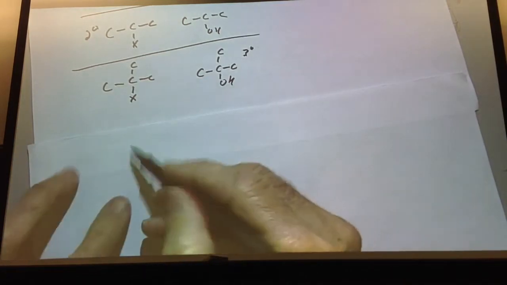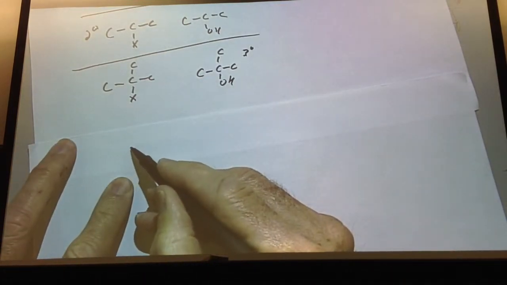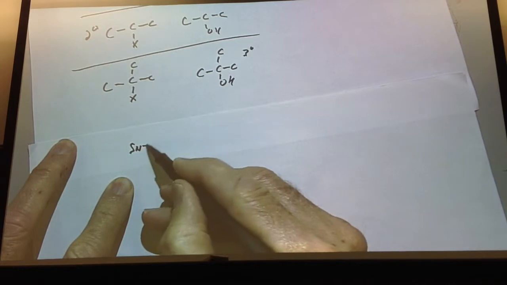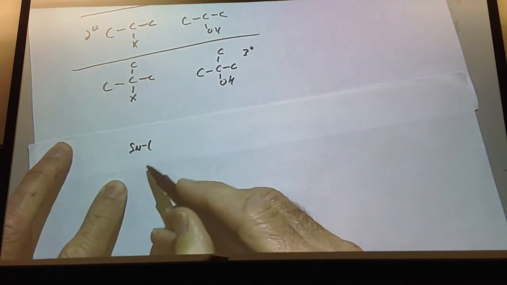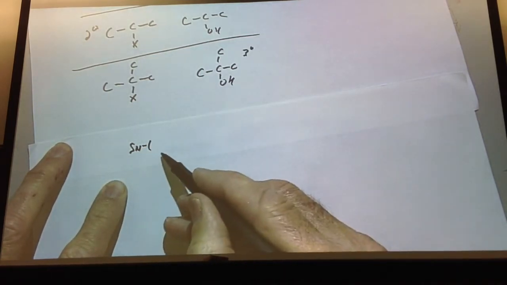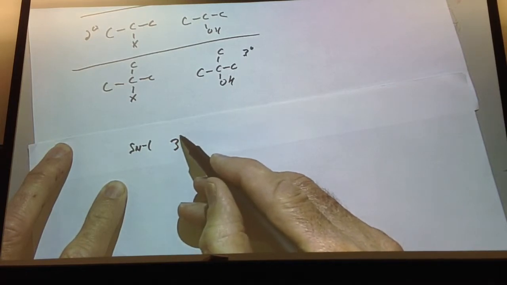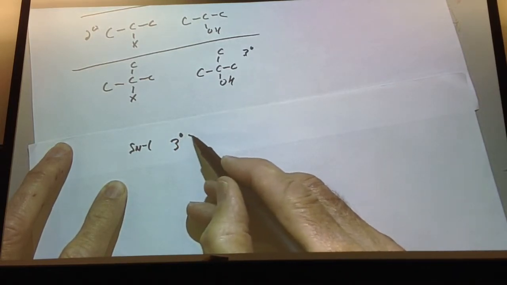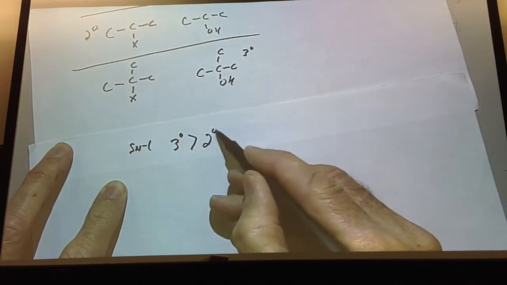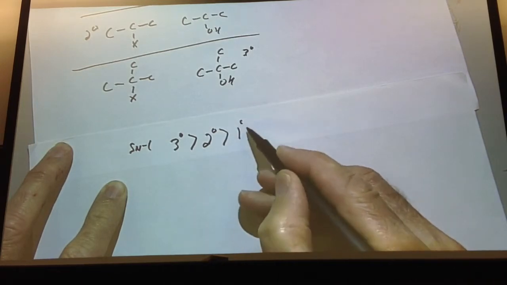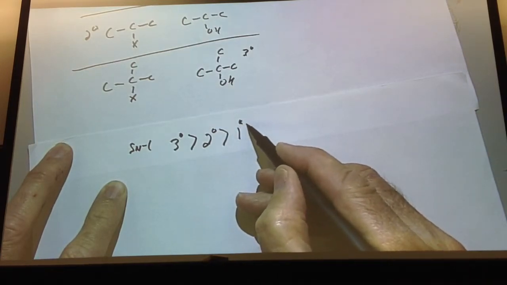Okay. So what is the reactivity? It's SN1. You've learned that in the SN1 mechanism, third degree alcohols and third degree alkyl halides react the fastest, followed by second degree, followed by primary. They react the slowest.